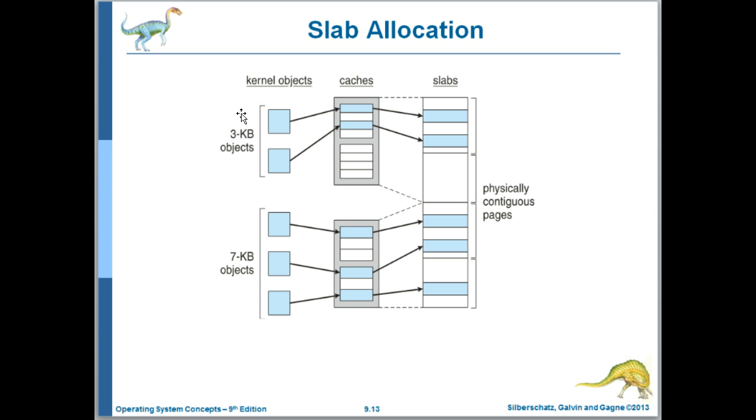If a fork call were made and we needed to create another PCB, well, this empty cache entry here could be allocated and the storage backed up from the slab. If all of these cache entries were full, then another slab would be allocated, giving us more cache entries.